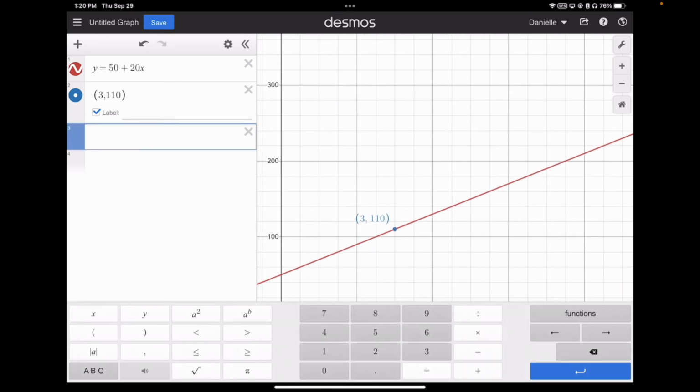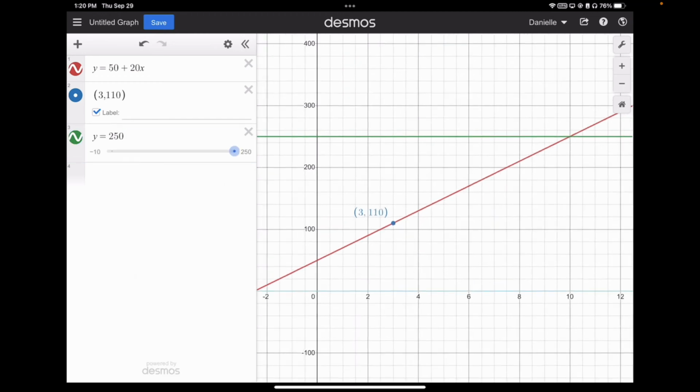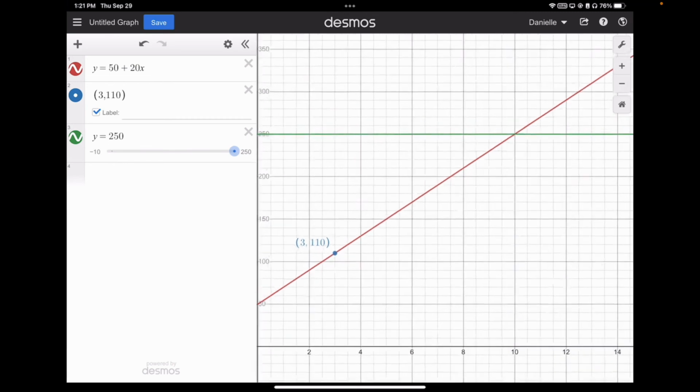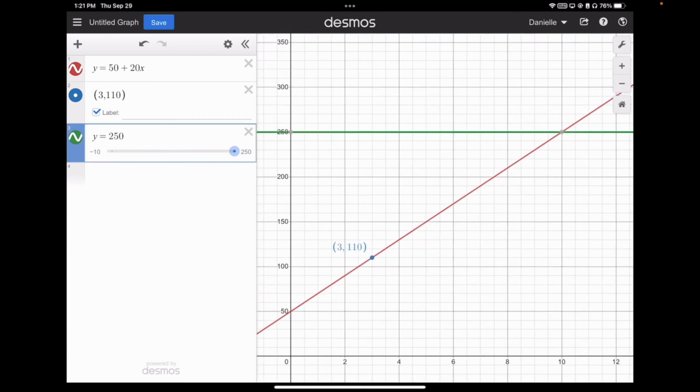I can say y is equal to 250, and this will give me a horizontal line that I can click on along with the other line, and it'll give me a point with the intersection. So 10 and 250.